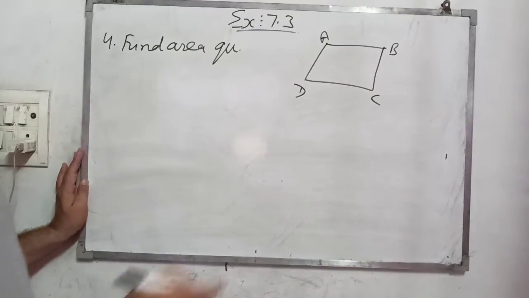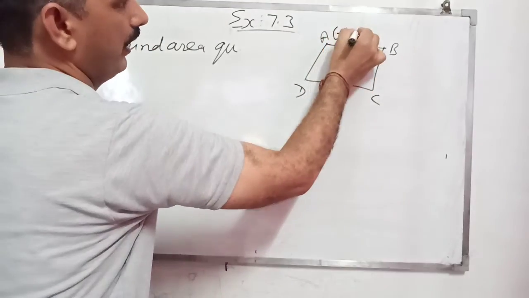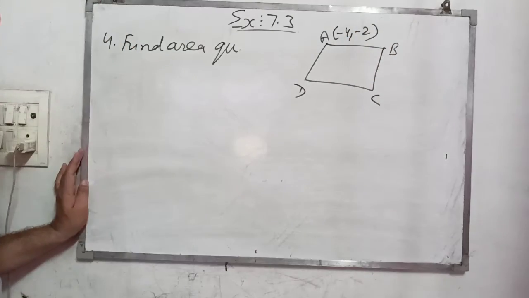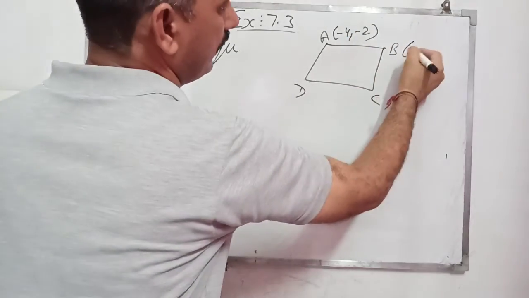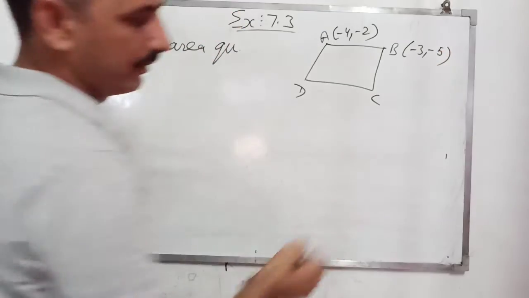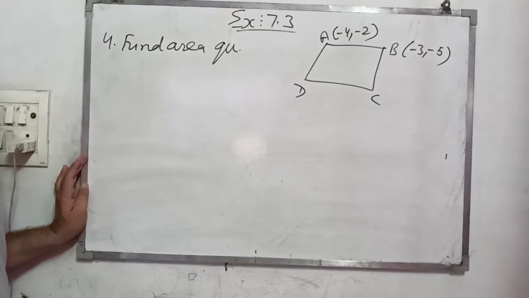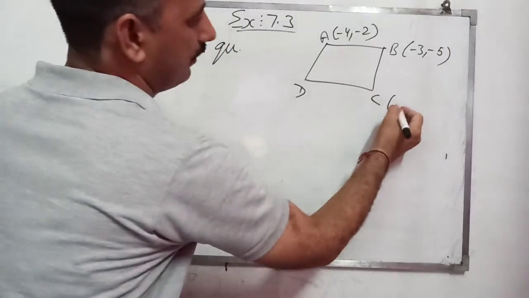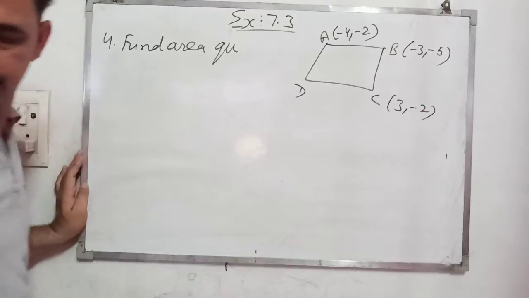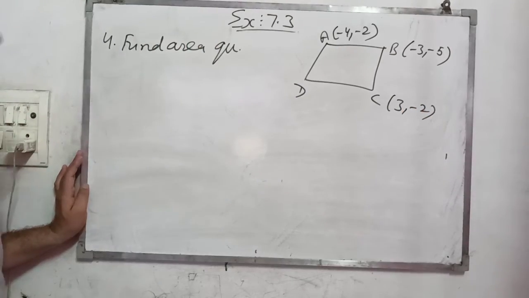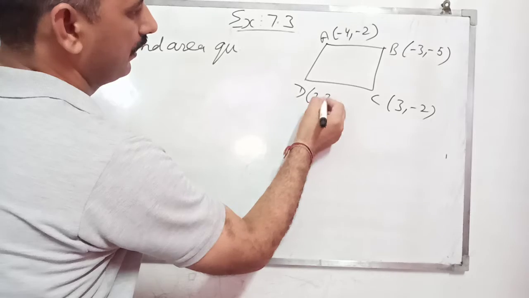They are (-4, -2), (-3, -5), (3, -2), and (2, 3).